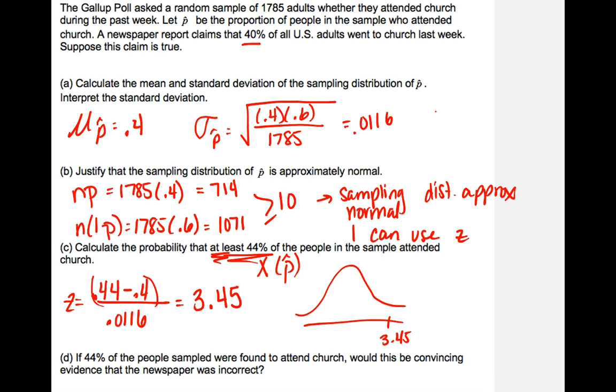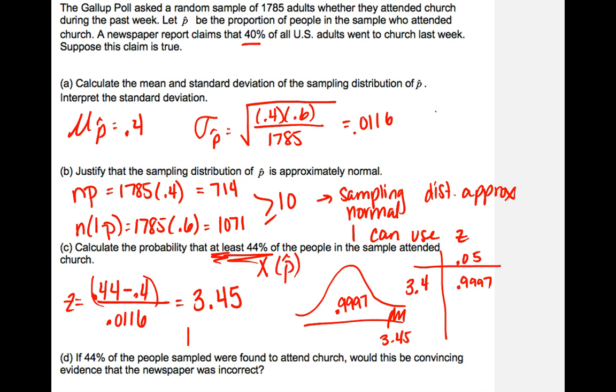of that z-score. So if I'm going to use Table A, I would look up 3.4 where it intersects with 0.05. And that value is going to be 0.9997. But again, that's this region down here.